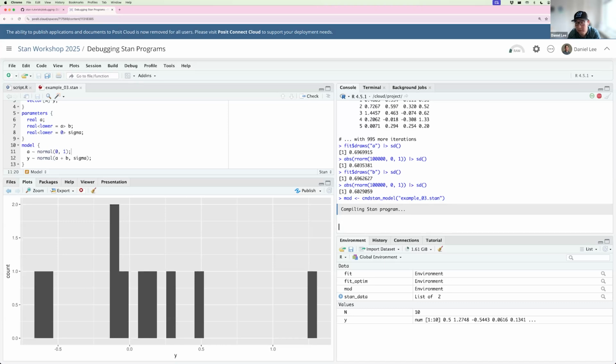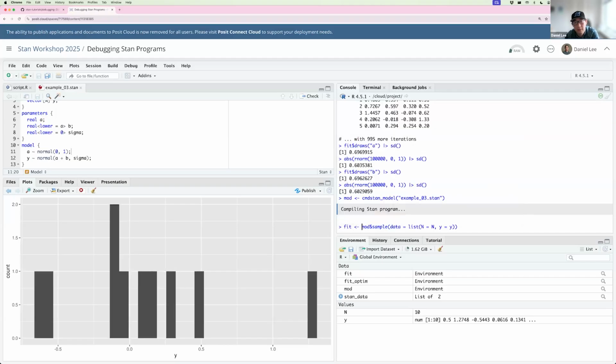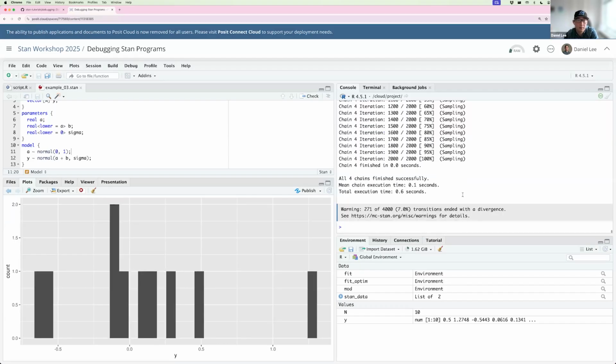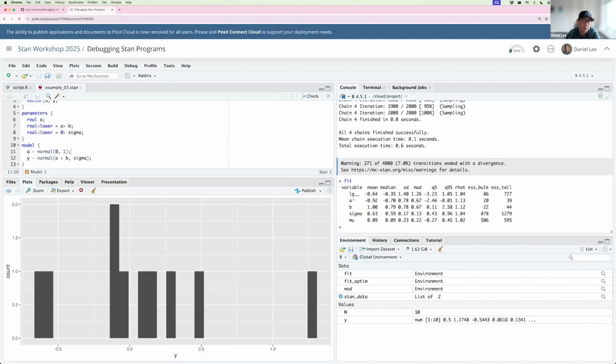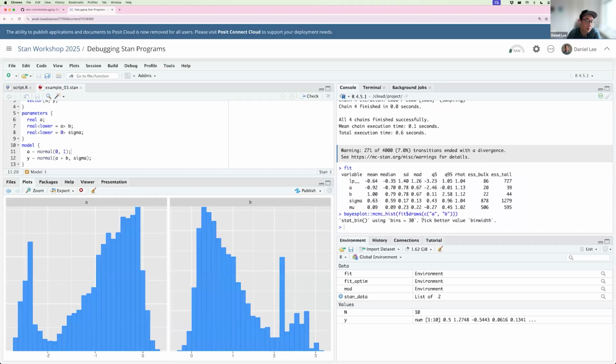Yeah, I see. So that's going to force B to be greater than A. Let's see.